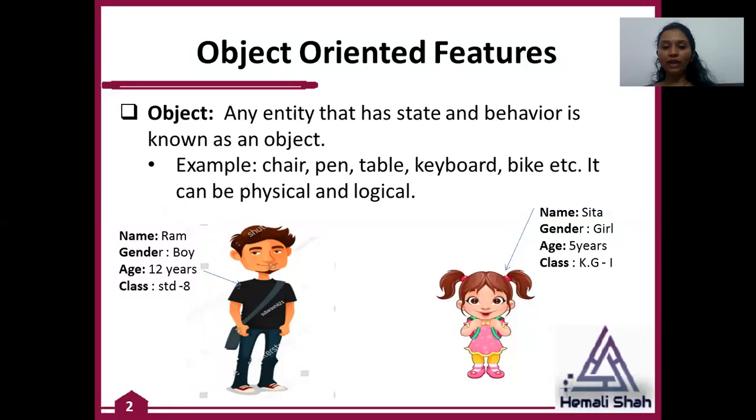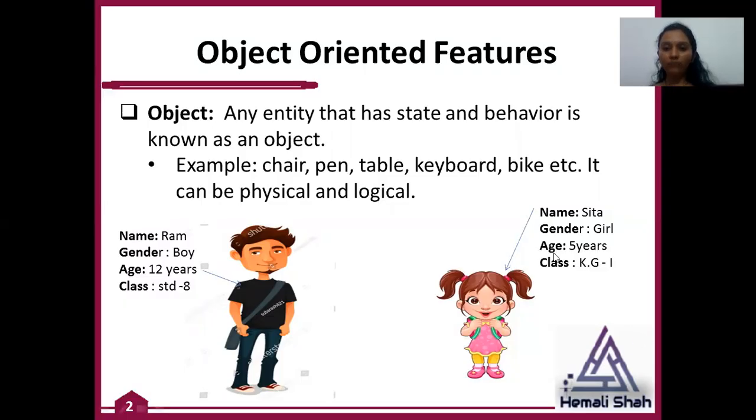These two entities have some states like name, gender, age, and the standard in which they are studying. And I want some behavior on that same object: I want to calculate their results. This is called the behavior, and behavior can be represented by methods in the class.